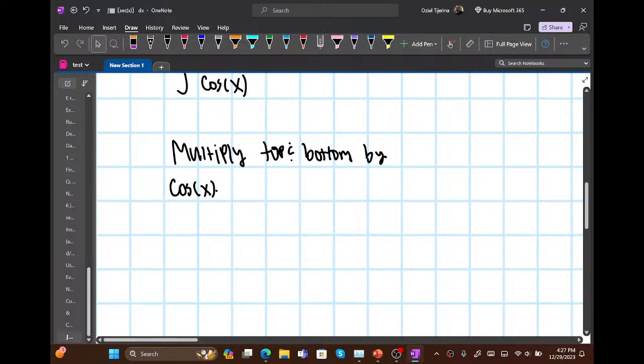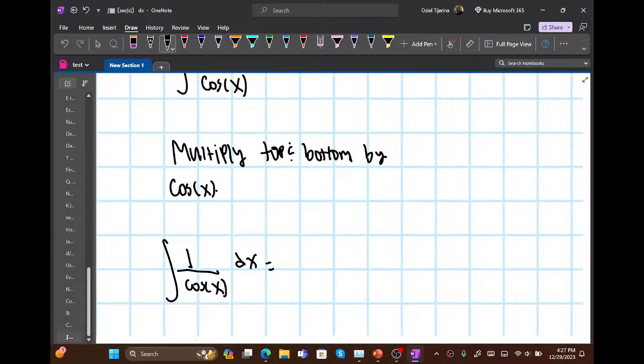So we have the integral of 1 over cosine of x dx equals, if we multiply, we're going to multiply times cosine of x over cosine of x. And of course, really, it's actually going to be like this.